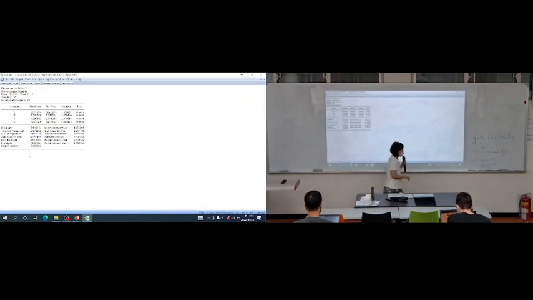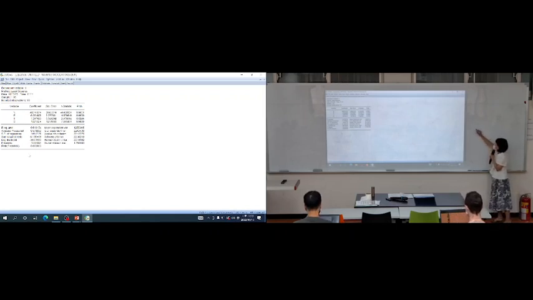Do you all remember the formulas for adjusted R square? R square is equal to ESS divided by TSS, or equal to 1 minus RSS divided by TSS.